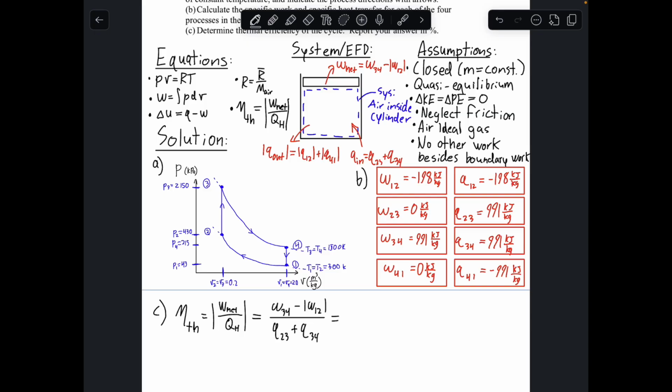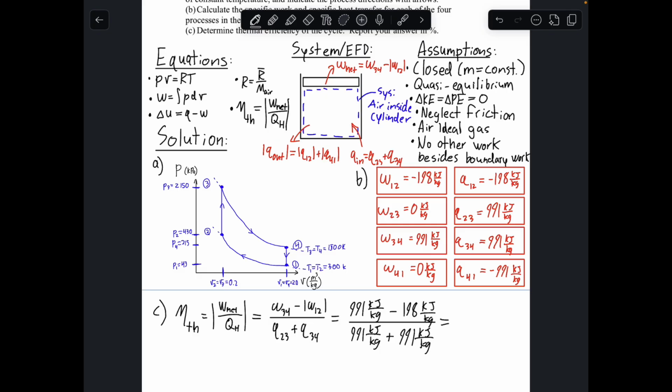So now we can just plug in our numbers, and we get 991 kilojoules per kilogram minus the work from 1 to 2, which is 198 kilojoules per kilogram, all divided by Q 2 to 3 is 991 kilojoules per kilogram plus 991 kilojoules per kilogram.